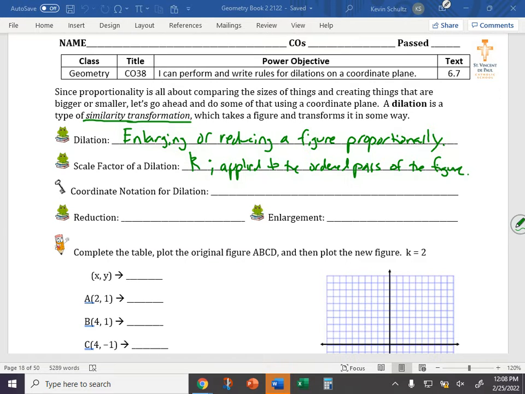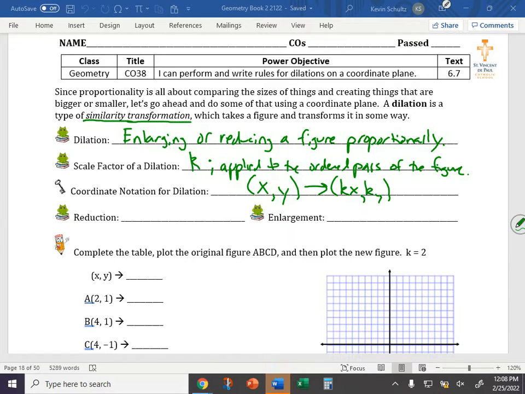So when you see a k in an ordered pair, it refers to that scale factor. The notation for a dilation, given ordered pair x, y, its original position, you're going to see an arrow because we're changing it, right? We're transforming it, and that scale factor k is going to be applied to each variable in the ordered pair.